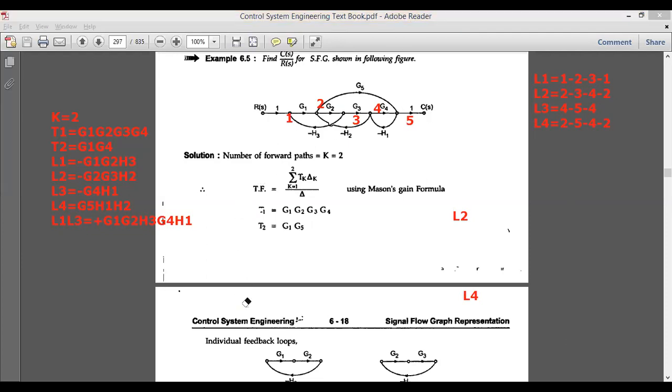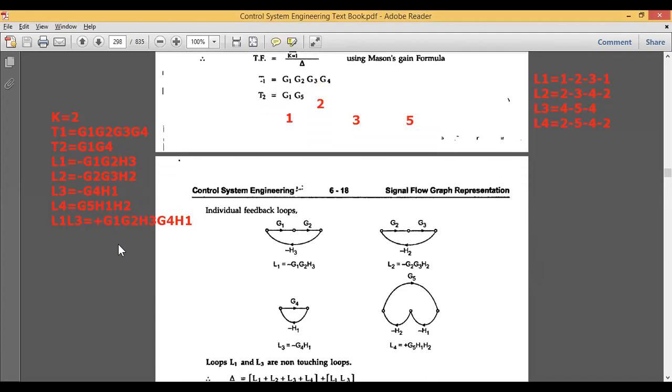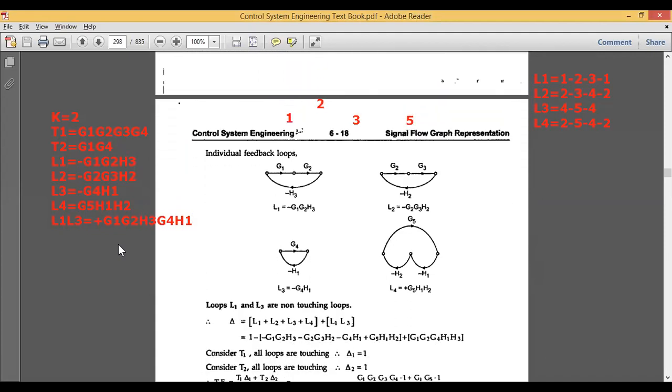Once you get the non-touching loops, the next step is to find the value of delta.